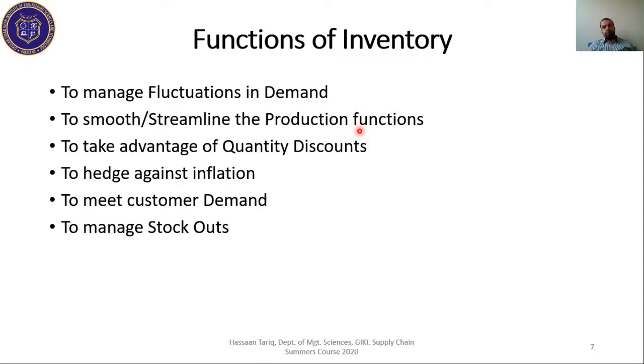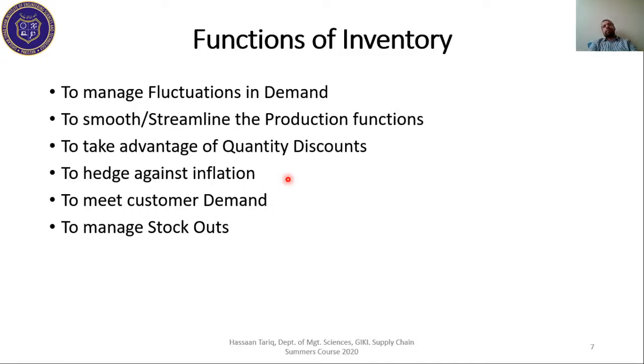If you buy four bottles, mathematically it should be 400, but you pay 350. So this is a quantity discount, because you're helping the manufacturer get his stock off.